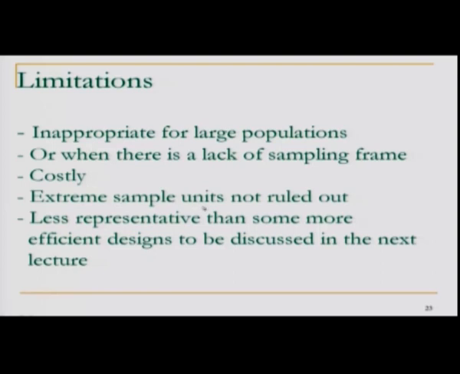Sample with extremely high values or sample with extremely low values is a possibility in simple random sampling, and it is less representative than some more efficient designs to be discussed in the next lecture.